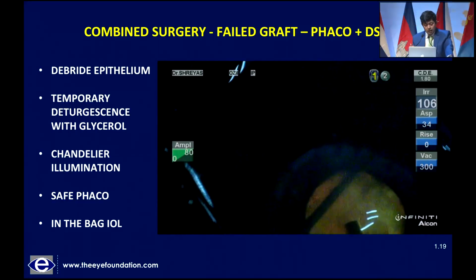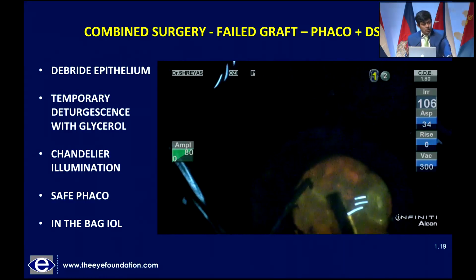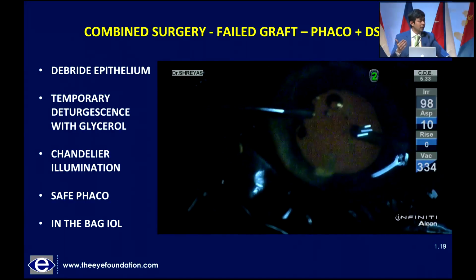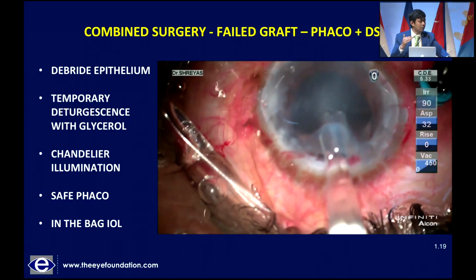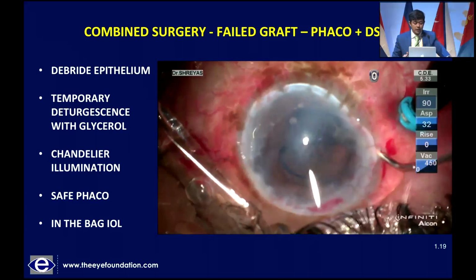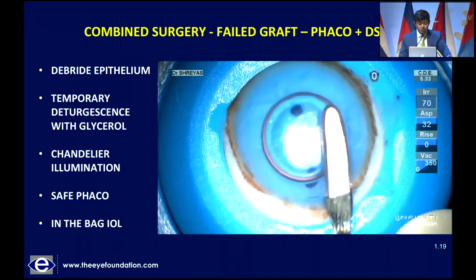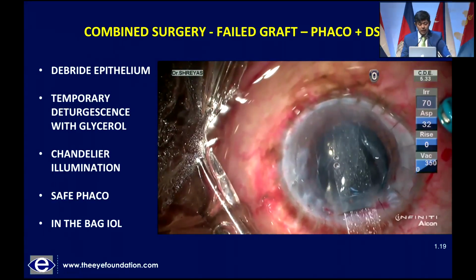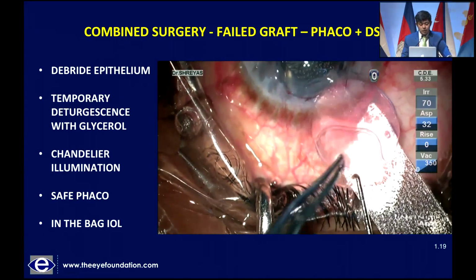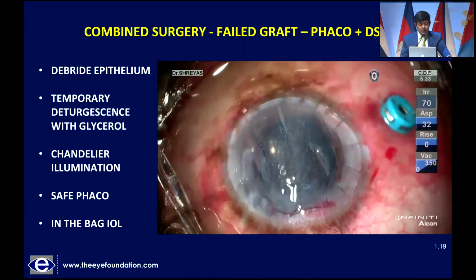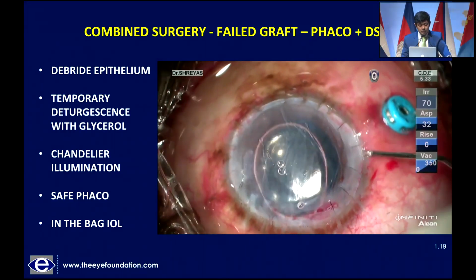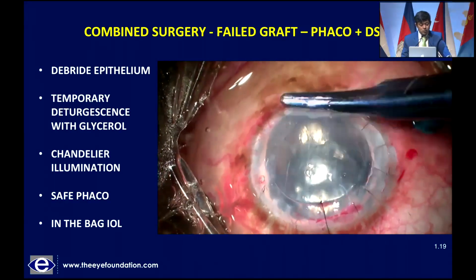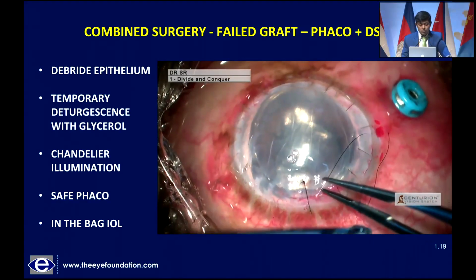Because if your IOL is dancing around, there are more chances that the air bubble might escape behind the IOL and push it forward, thereby compromising the surgery where you're pushing your lenticule in place with a DSEK, or more difficult so if you are doing a DMEK. In these cases with a failed graft with poor visibility, we would prefer doing a DSEK procedure. Again, a simple push-in technique. While this is a large therapeutic graft and therefore I'm making an incision through the graft, in most other situations we would do an incision which is peripheral to the graft.